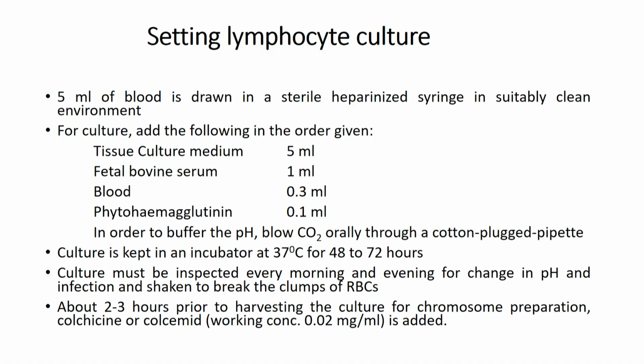And the pH is also important. If the pH is alkaline, the cells will be killed. So what you do, you blow carbon dioxide in the culture. How can you do it? You can use the carbon dioxide cylinder and bubble through that, or else the simplest and oldest technique is that the pipette should be closed from the mouth side with a cotton plug and one can blow air through that pipette.